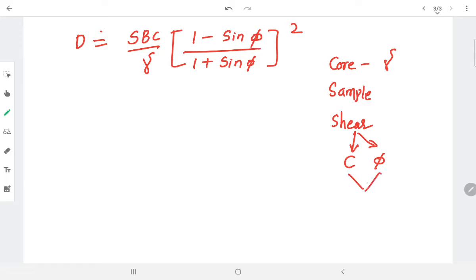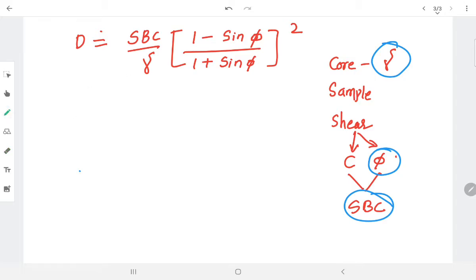From Terzaghi's equation, we will find the value of SBC. So we need three data for the depth of foundation: gamma, phi, as well as SBC. When you conduct all these tests, you can easily find the depth of foundation using this equation.